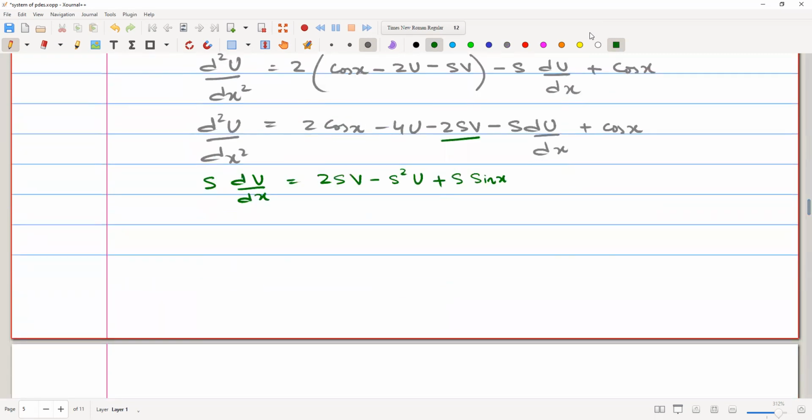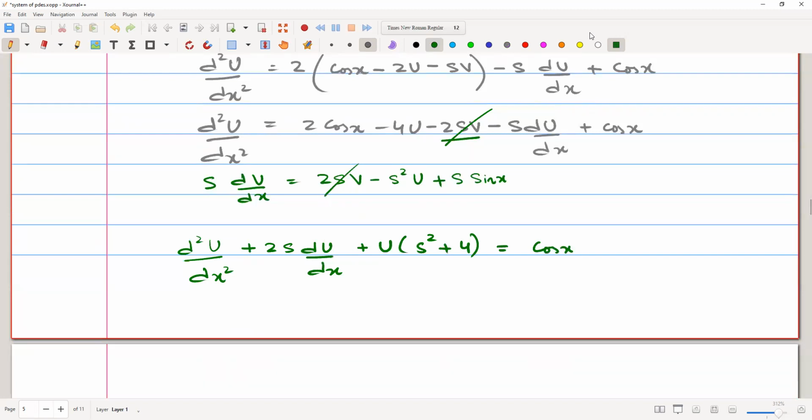Now if we add both of these equations, we will get this term cancelled out, and after simplifying we will get a second order non-homogeneous linear equation with constant coefficients, right? So it will be d²ū/dx² + 2s dū/dx + (s² + 4)ū = cos x + s sin x.